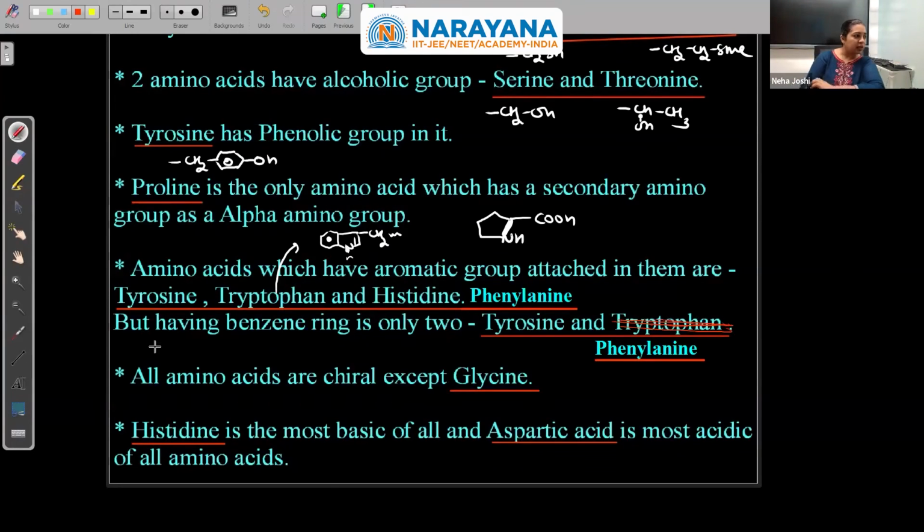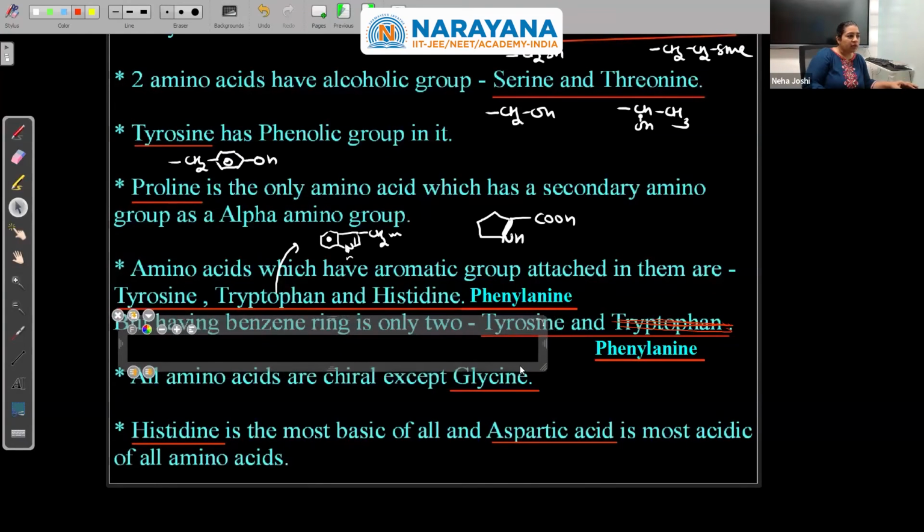Okay. I will change something. Rather, I will add here: tryptophan has indole structure in it.